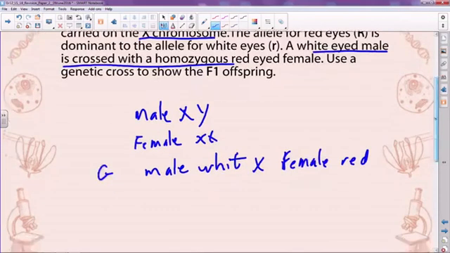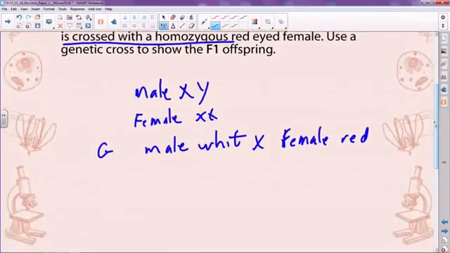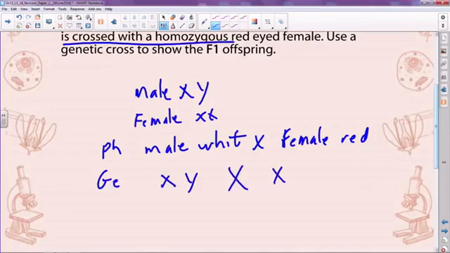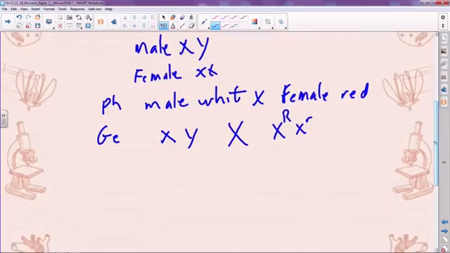Okay, that's the phenotype. Sorry, not genotype. That's your phenotype. And your genotype is X, Y, crossed with X, and it was a heterozygous, big R, X, small r. There we go. Okay, so now we're going to do the gametes.